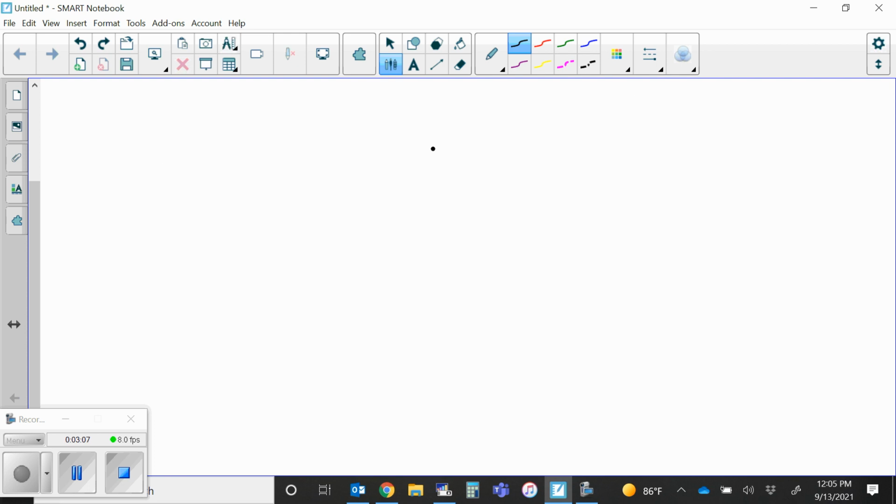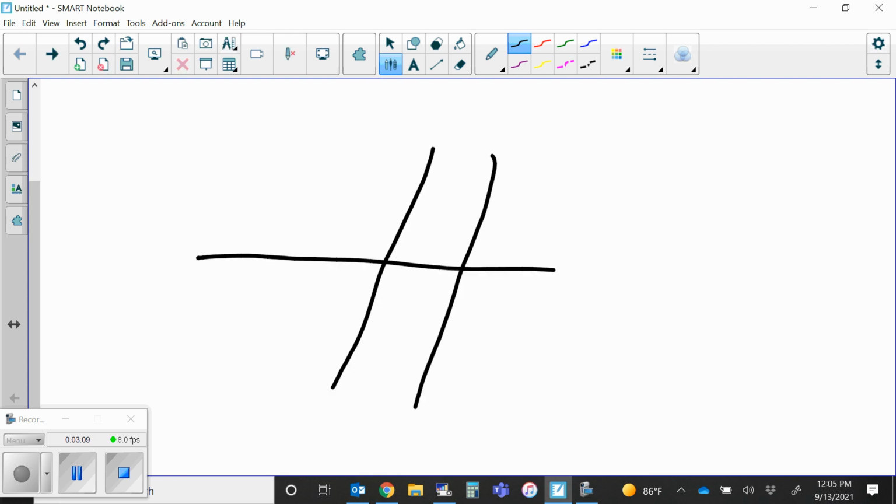So I'm giving you that. What can you then tell me? Why? But that's not the reason why. Yes, they are alternate exterior, but remember, alternate exterior is used if the lines are parallel, then the angles are congruent.